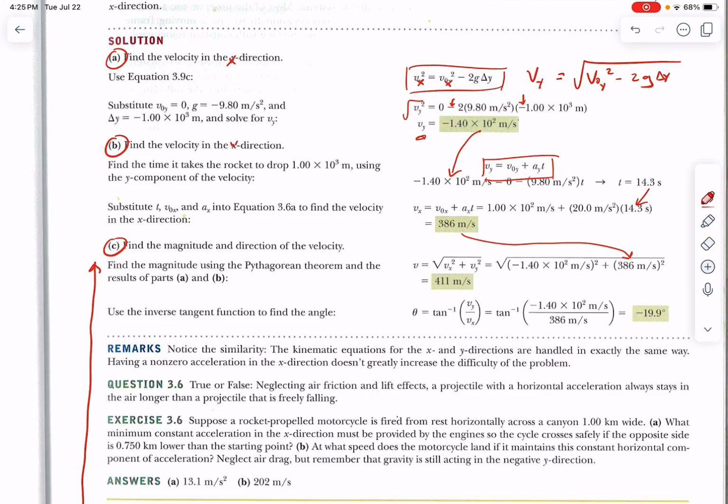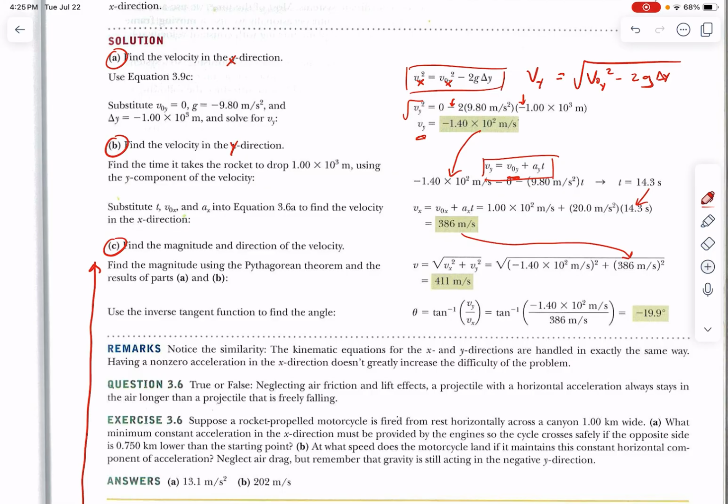And then this looks like the y direction. I'll let you figure that out because I don't want to use up screen time doing that. And so we've got our initial velocity times the acceleration times time. And this would be the acceleration of the rocket if it is the x direction.